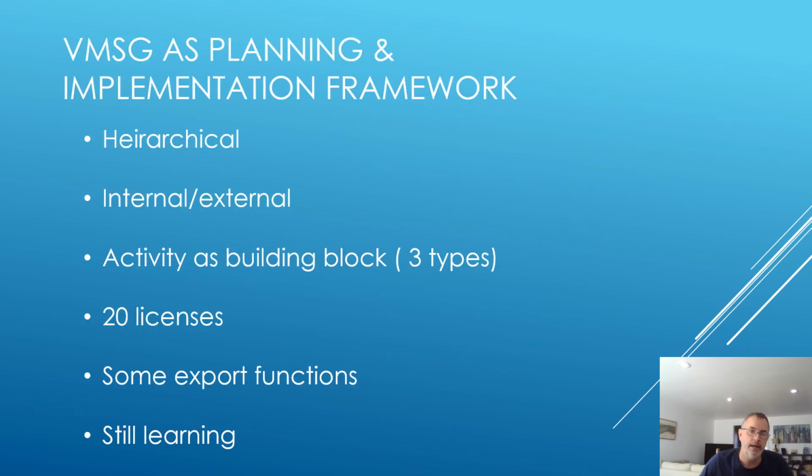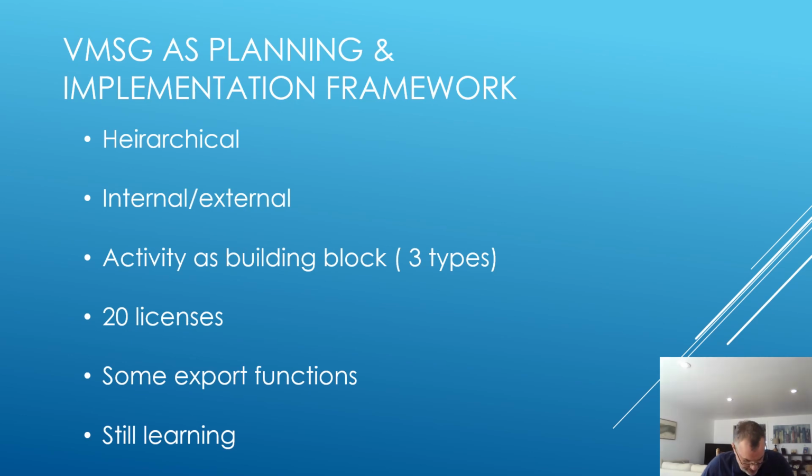So again, we're looking at VMSG as a planning and implementation framework. There are others out there, and frankly, in my opinion, there are better ones. But we are using VMSG at this point, and it's hierarchical. It can be used internal to the organization and external to the organization. So we can have other organizations be part of this. So if you think of our local health system, right?